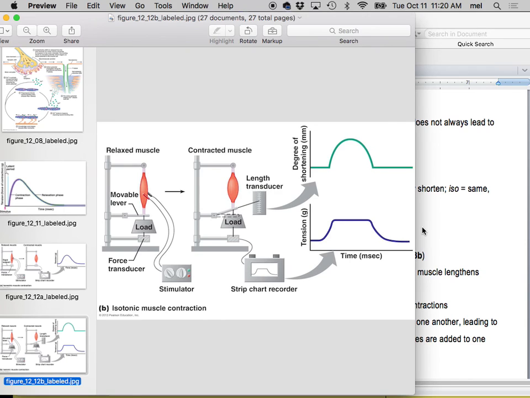And then you pull the origin and the insertion away from one another. And so you are contracting the muscle, but you are lengthening it simultaneously. Primarily, you're doing that by using the antagonistic muscle pair to move against it. And you're trying to generate more tension with that one than you are with this one. So that's called a lengthening contraction, but it's really just a subtype of one of those two.